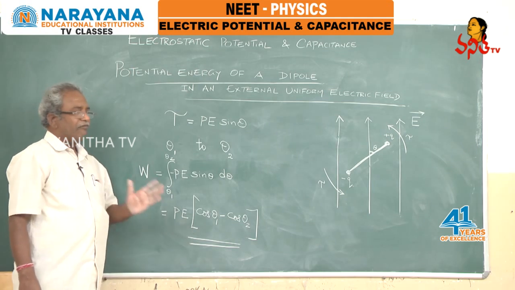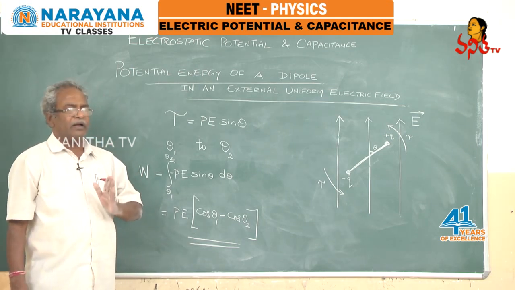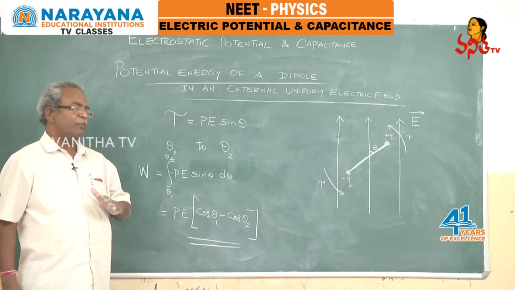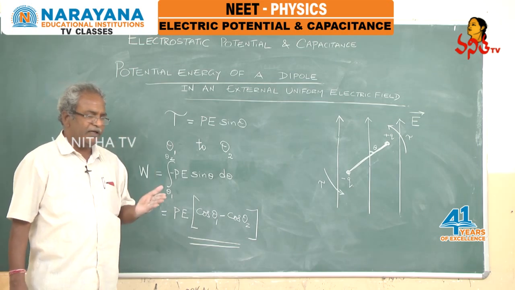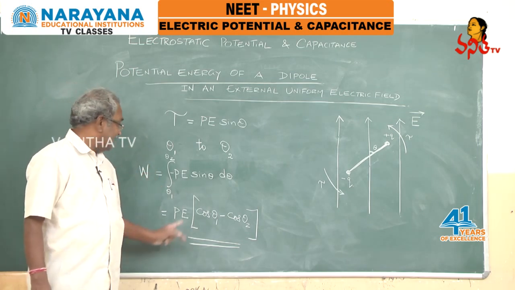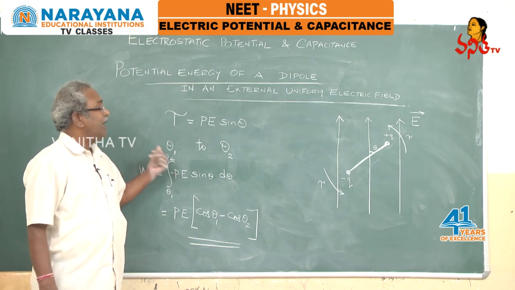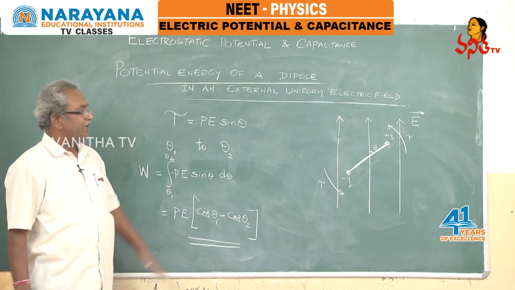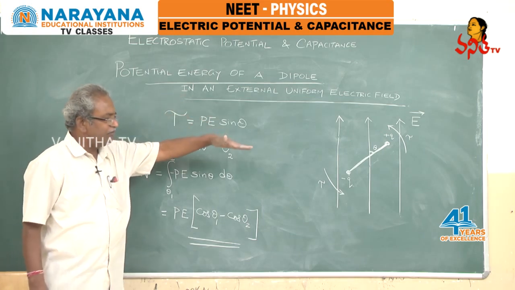Now, the work required to rotate the electric dipole from an initial angle of 90 degrees to the field to a final angle of theta to the field, that is, if the electric dipole is initially perpendicular to the field.